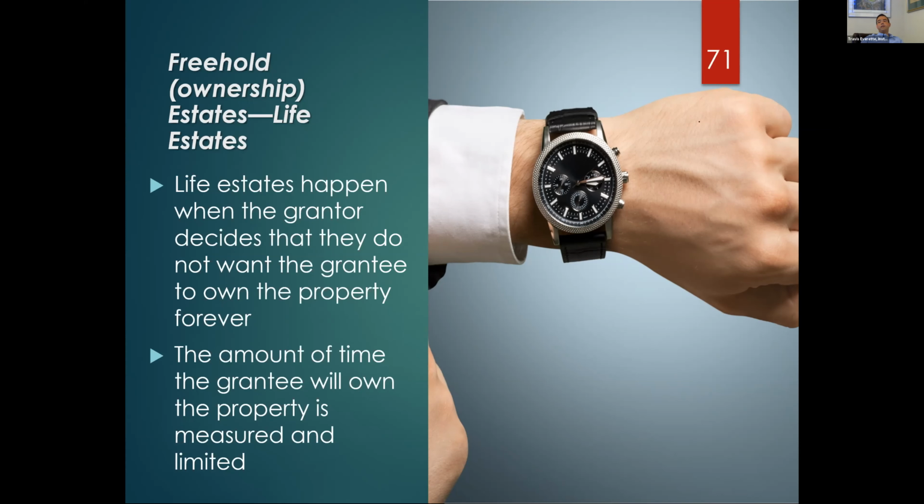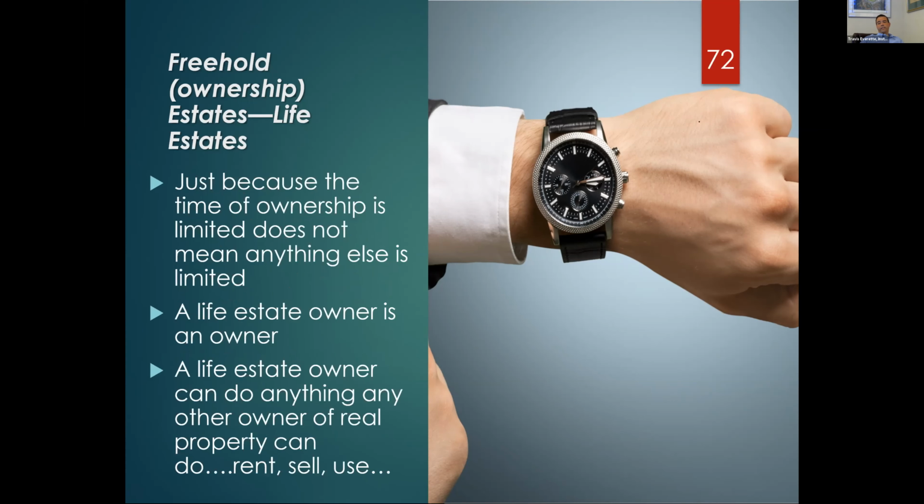But the way we distinguish the type of life estate we're dealing with is whose life it's based on. Because it could be based on the life of the grantee, or it could be based on somebody else's life. And guess who gets to choose that? Who's driving this bus? The grantor. The original owner, the one giving this ownership over, is driving the bus.